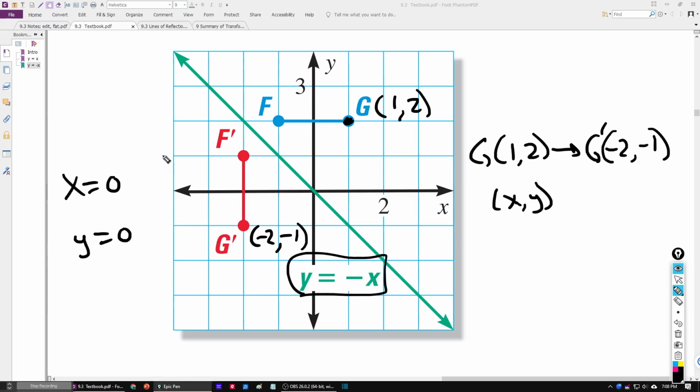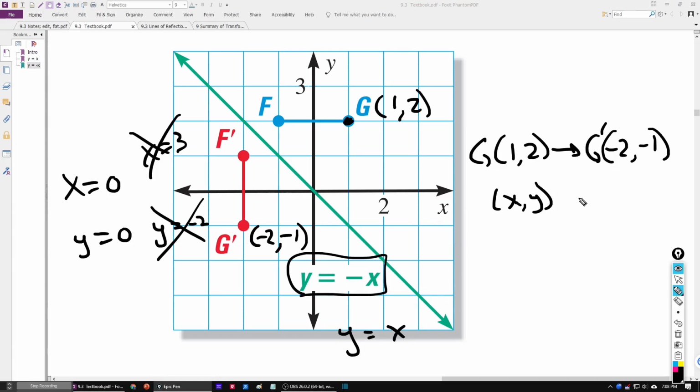By the way, before I forget, you cannot do that for lines like x equals 3 or y equals negative 2. These lines you cannot create a rule of transformation for. But the y axis you can, the x axis you can, and y equals x you can, and also y equals negative x.